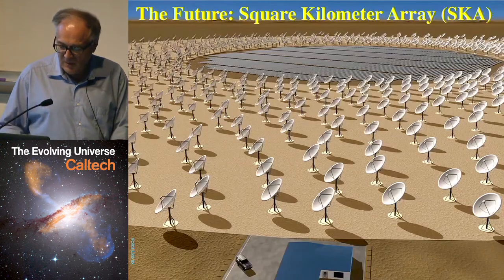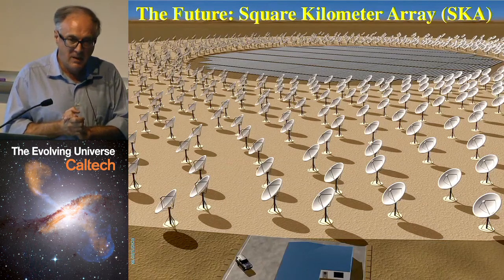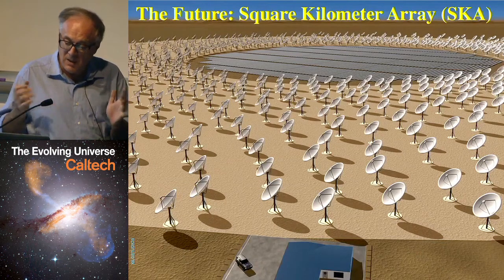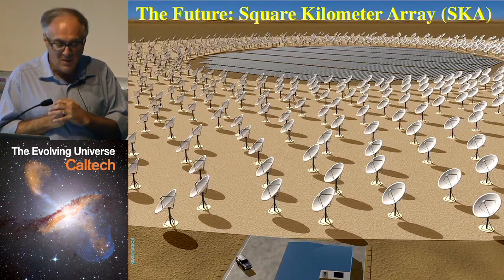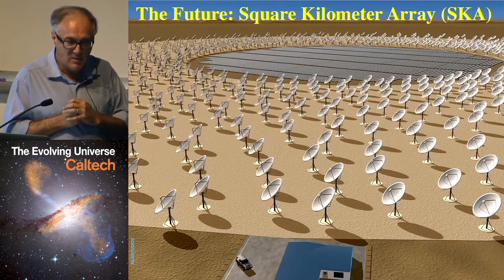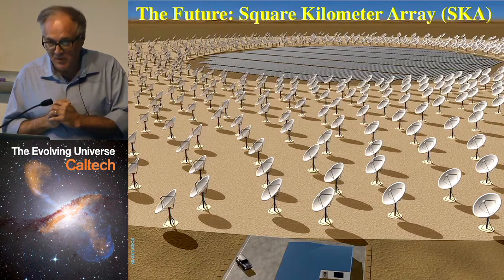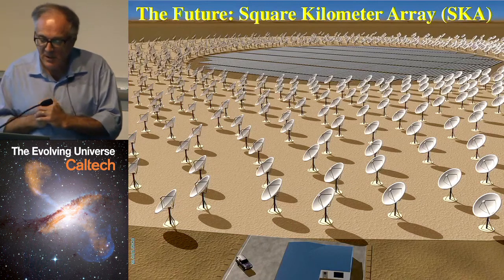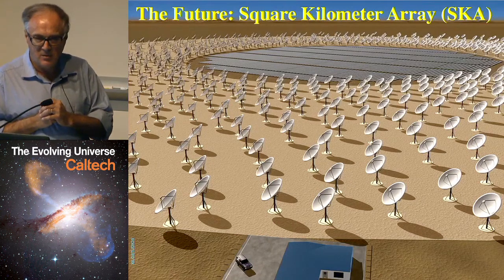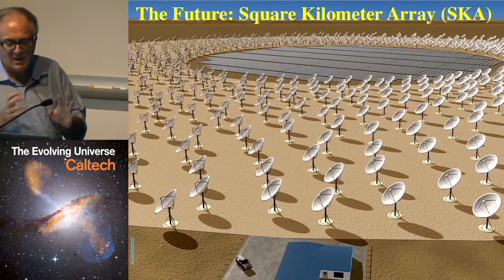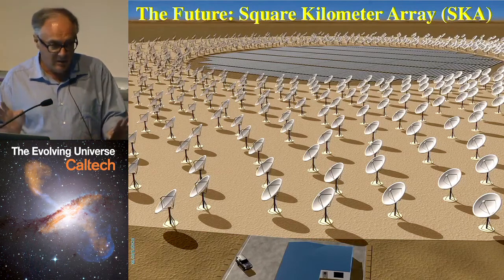The ultimate end of this is the so-called Square Kilometer Array, which does not exist yet. It's been planned. It will actually exist in two pieces, one in South Africa and one in Australia. Those are among the most radio quiet regions on planet Earth. And it will be a whole lot of mass-produced individual dishes of different sizes and so on, plus fields of dipoles and so on, that can be combined in some way.